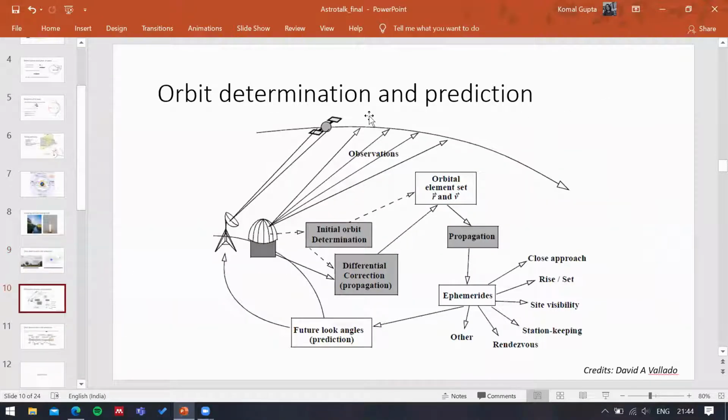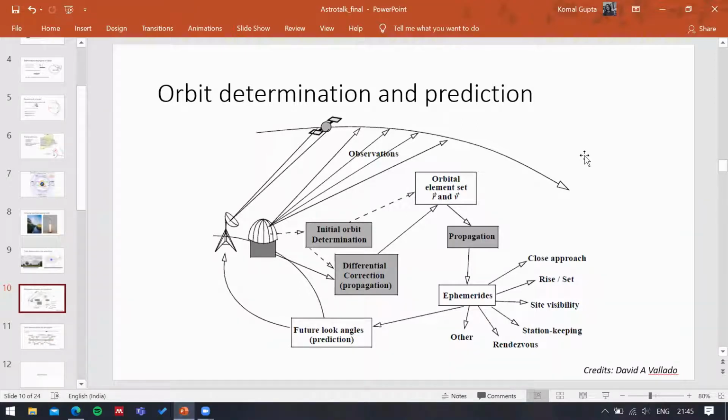Here, I have a diagram which basically tells you how orbit determination and orbit prediction is usually carried out. Orbit prediction is trying to predict the orbital state vectors of a satellite at any point in the future based on the observations that we have so far.